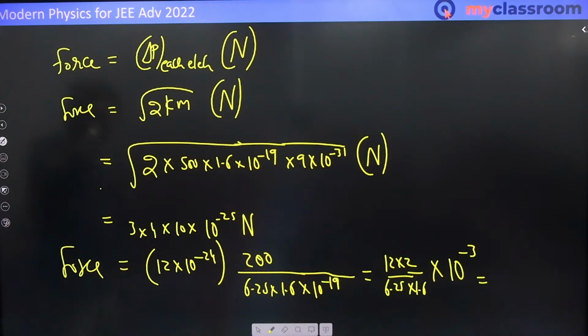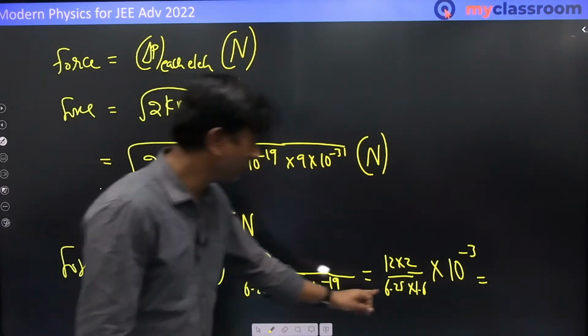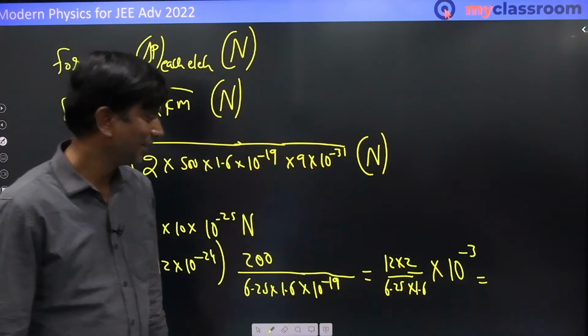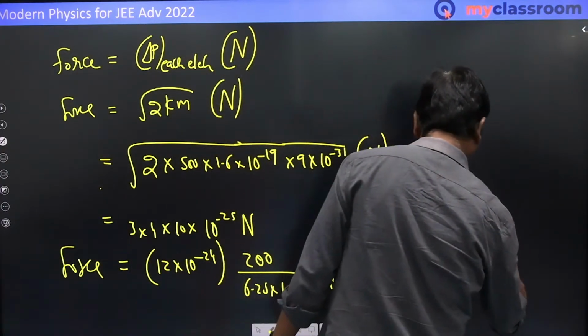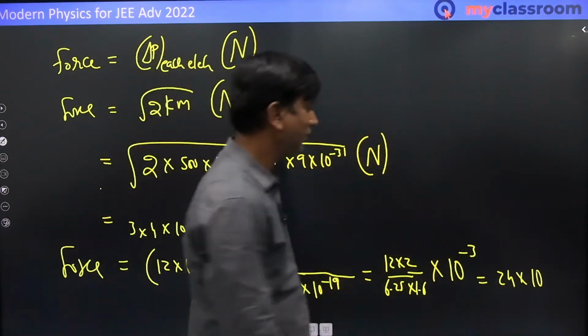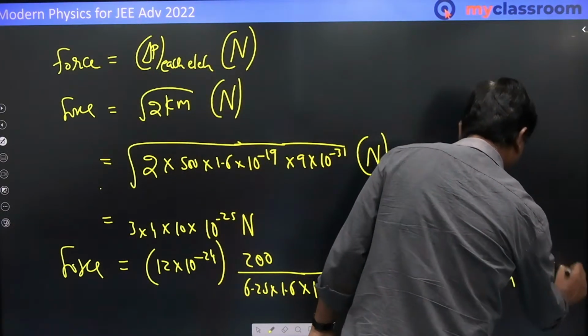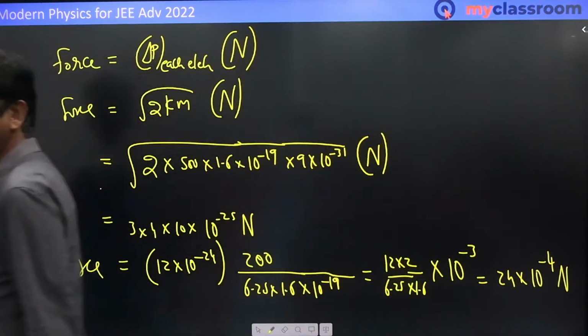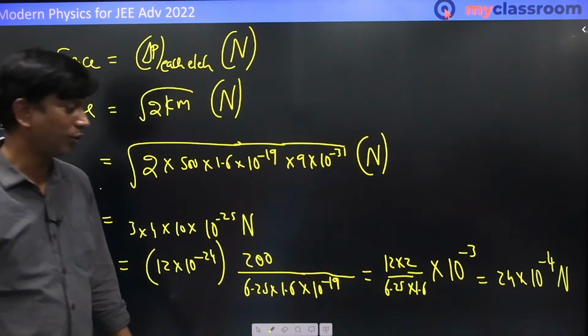So 12 into 24 and 6.25 into 1.6. How much? I think 6.25 into 1.6 will become 10. So you will get 24 into 10 power minus 3 and minus 4 newtons. So that is the total force experienced.